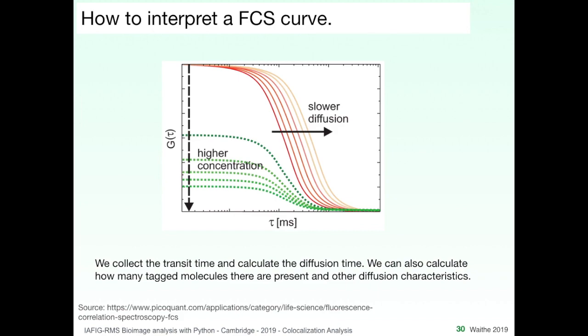Inversely to what you might expect, the higher the concentration, the lower the amplitude of the curve, and this is because correlation has a stronger signal if there's a relatively sparse amount of molecules within the observation spot. If the observation spot is very dense, then it's hard to distinguish through this processing when molecules have moved in and left out.